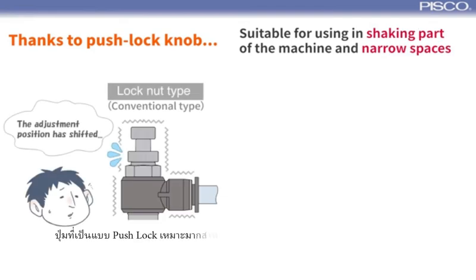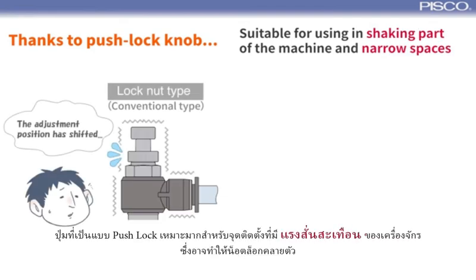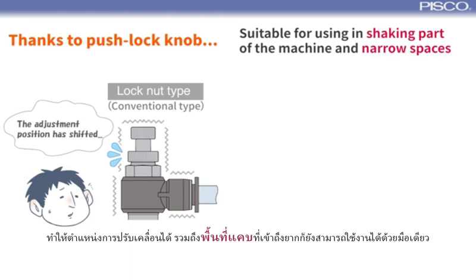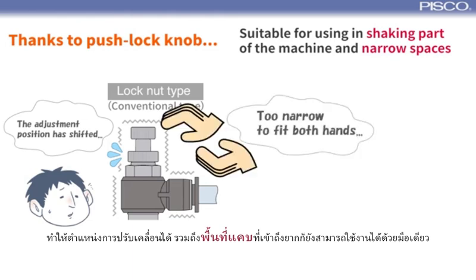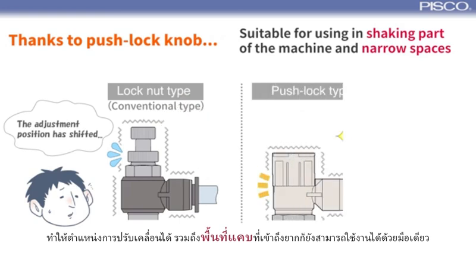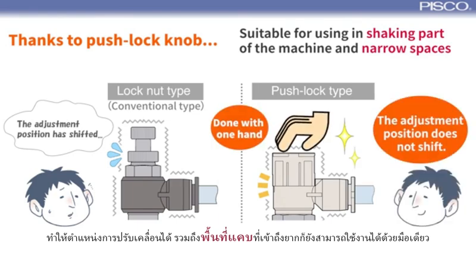The push-lock type is ideal for locations where machine vibrations can loosen the lock nut that secures the needle, causing the adjustment position to shift, or where it's difficult to reach due to tight spaces, as it can be operated with one hand.